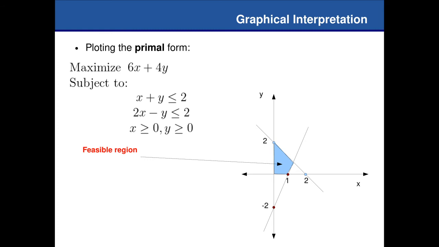For example, x has to be greater than or equal to 2. Is it possible to satisfy being on this side of this first constraint, on this side of this second constraint, and having y greater than or equal to 0 and x greater than or equal to 2? No, it's not possible. So this problem would never have a solution.